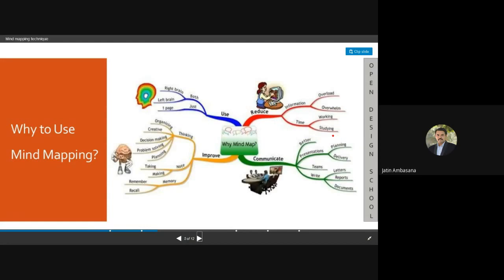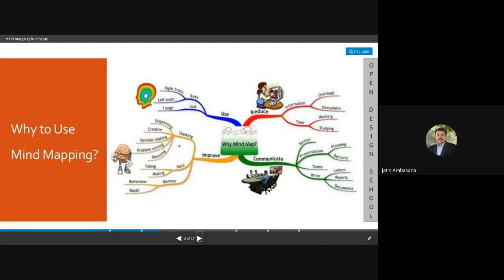Okay, and then it also allows you to improve thinking. It allows you to do organizing tasks easily in a creative manner. Also, it allows you to make informed decisions, with good problem solving and planning.